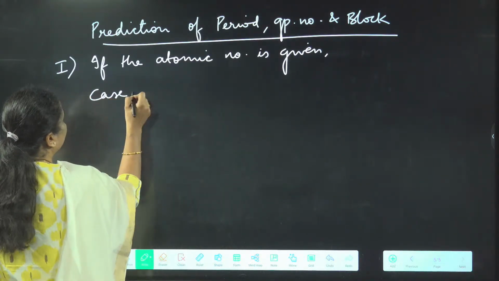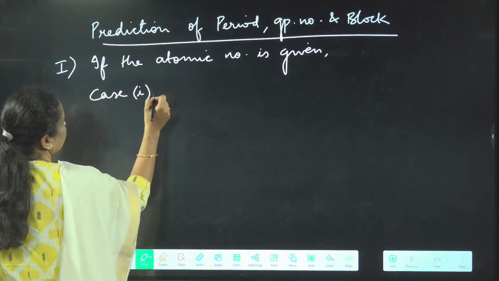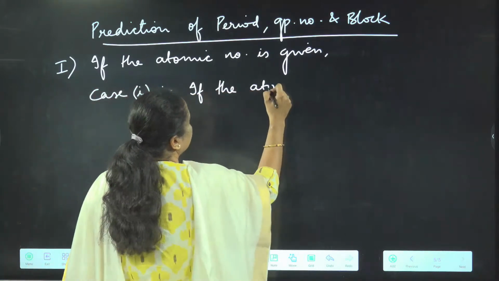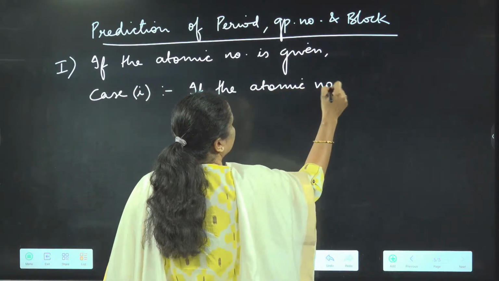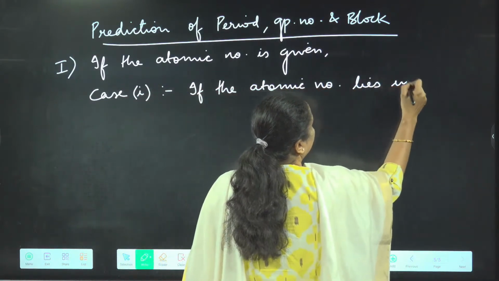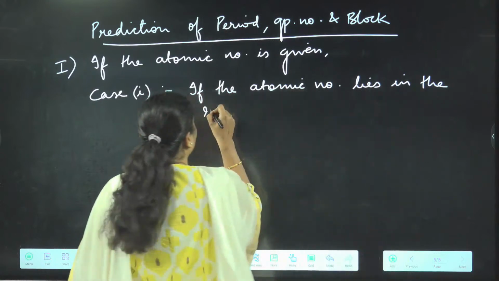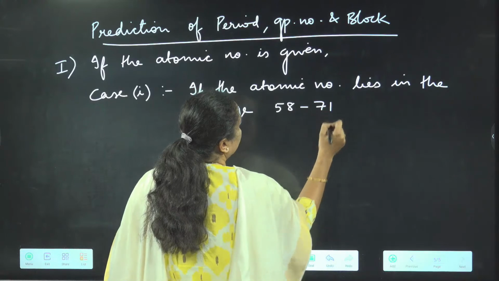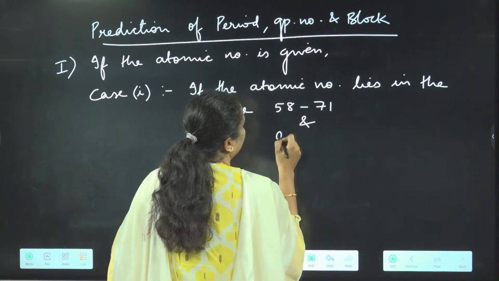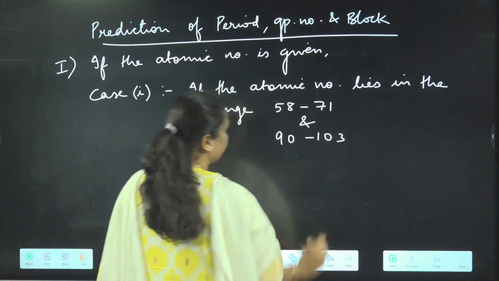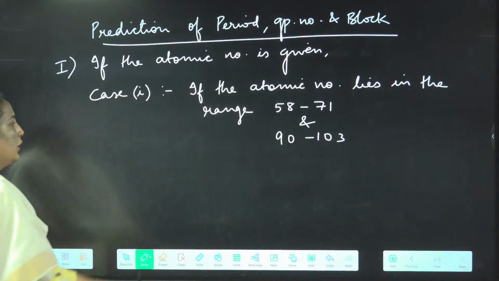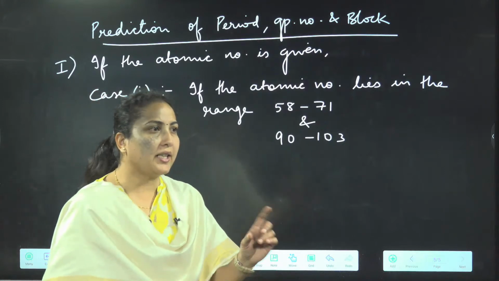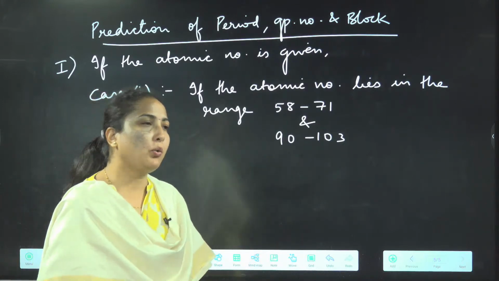So in this case one, if the atomic number lies in the range 58 to 71 and 90 to 103. You might have easily guessed, 58 to 71 means I am talking about lanthanoids, and 90 to 103 means I am talking about actinoids.